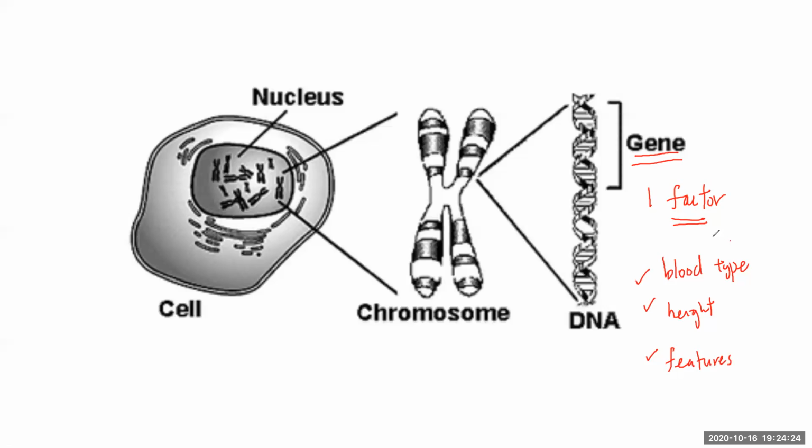Now, if you have inherited blood type A, and you spend a lot of time with people who have blood type B, your blood type will not change. However, if you inherited tall genes, but you do not get enough nutrients when you are growing, you can become short.